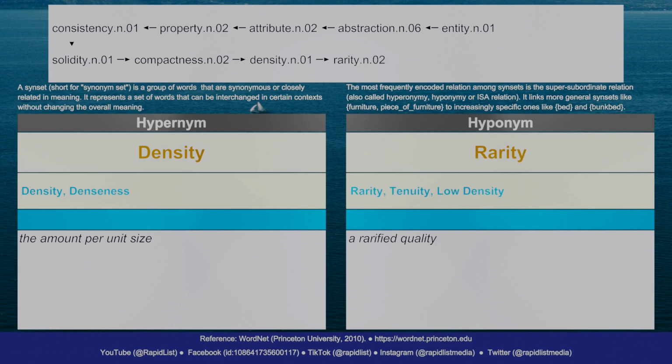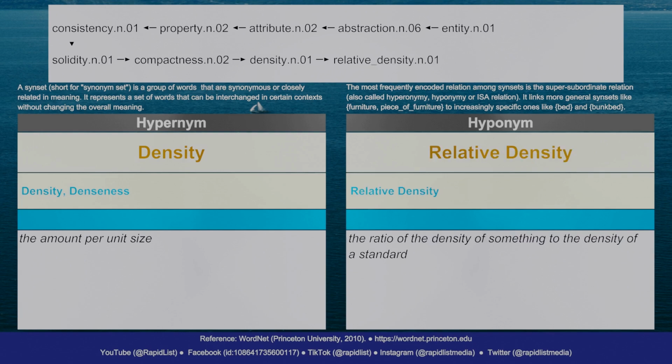Rarity. The rarefied quality. The tenuity of the upper atmosphere. Relative density. The ratio of the density of something to the density of a standard.